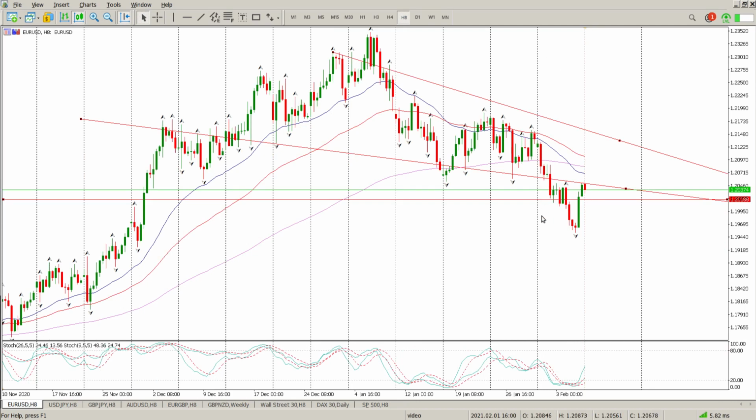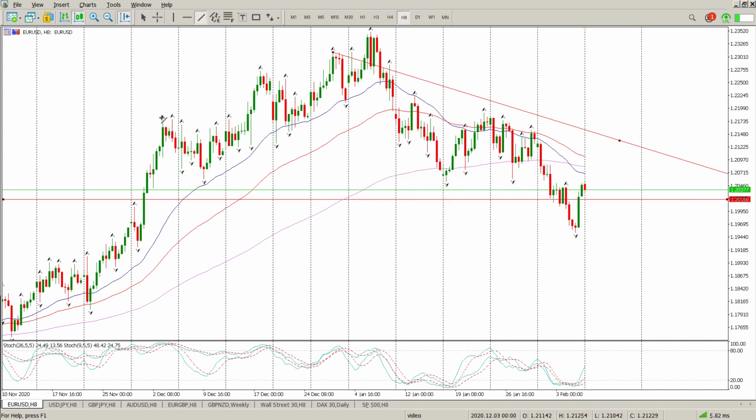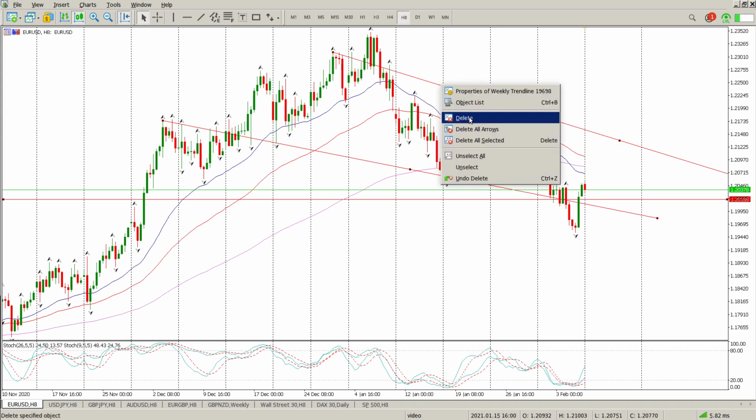If we come to the 8 hour, you'll see there's roughly where our weekly wedge is. And you could actually just fine-tune that level to something like that, or you could pick up these here. It doesn't matter which way you look at it, but basically you had a fake out to the bottom of that wedge.